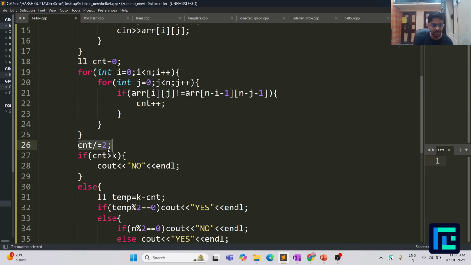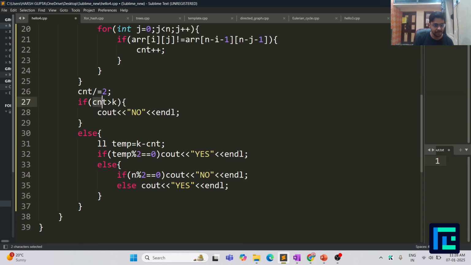At the end, I know the minimum number of operations I need will be count by 2, because for a pair, count got incremented twice, but I need only one operation. Now, if the minimum number of operations is greater than the allowed operations, the answer will definitely be no. Otherwise, in my temp variable, I calculated the leftover operations after performing the minimum operations, which will be k minus count.